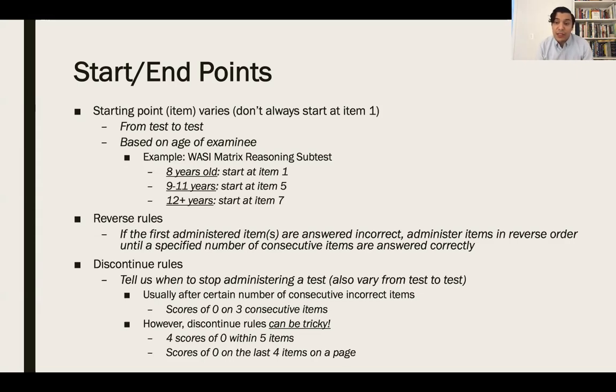For instance, there are some tests where the discontinue rule is 4 scores of 0 within 5 items, or scores of 0 on the last 4 items on a page. So it's really important that we familiarize ourselves with discontinue rules and that we're comfortable with them before we even attempt to administer any neuropsych test.